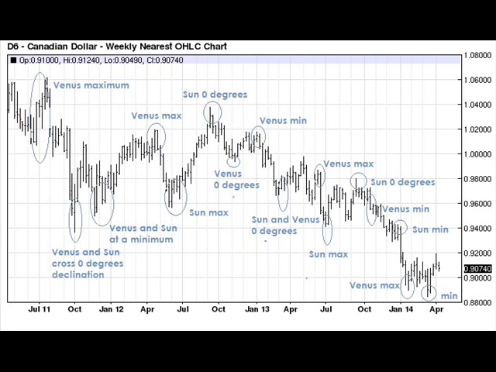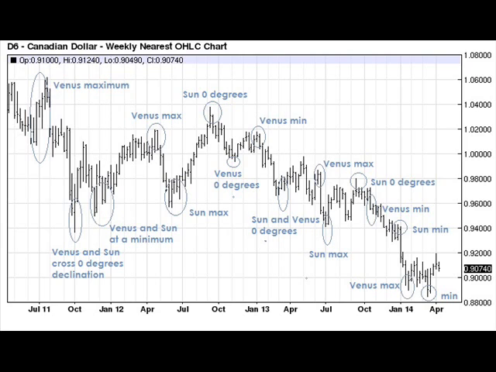In particular on the Canadian dollar, what I'm seeing is that at those times when Venus makes its maximum or minimum declinations, when the Sun makes minimum or maximum declinations, and for that matter, when Venus passes through 0 degrees of declination, you will quite often see a very tight correlation to a short-term change in trend.